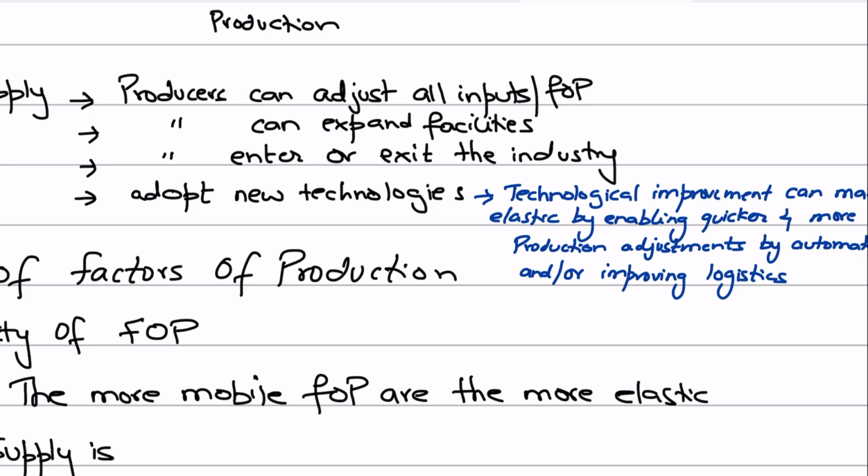Also remember, as far as I wanted to speak more on these entry and exit decisions, you see, the long run means that there is sufficient time for new firms.